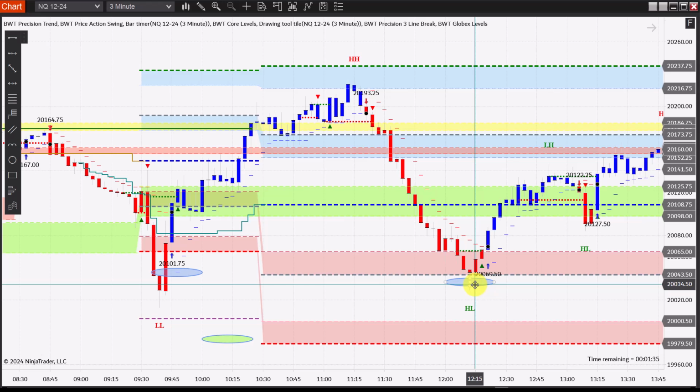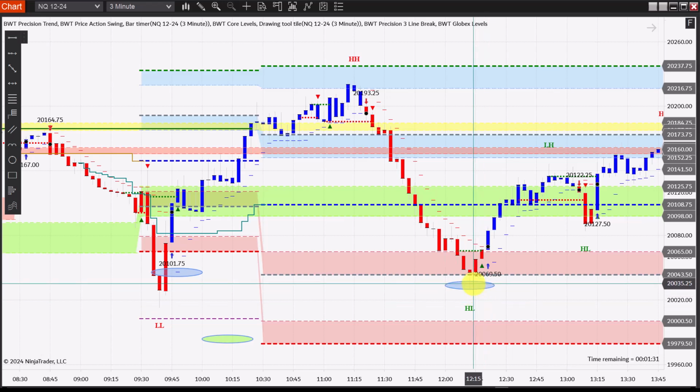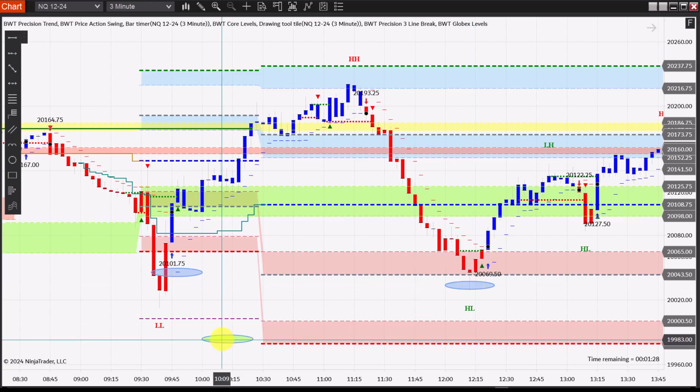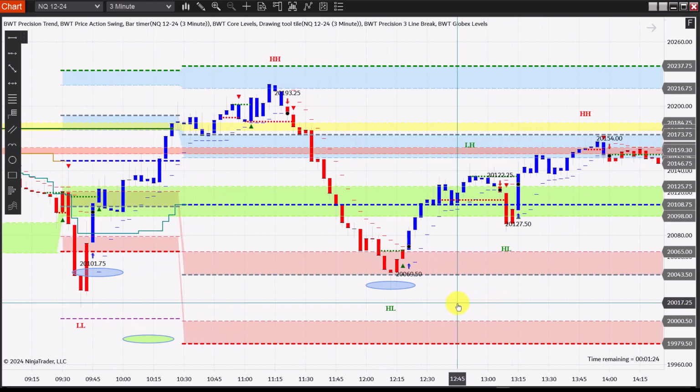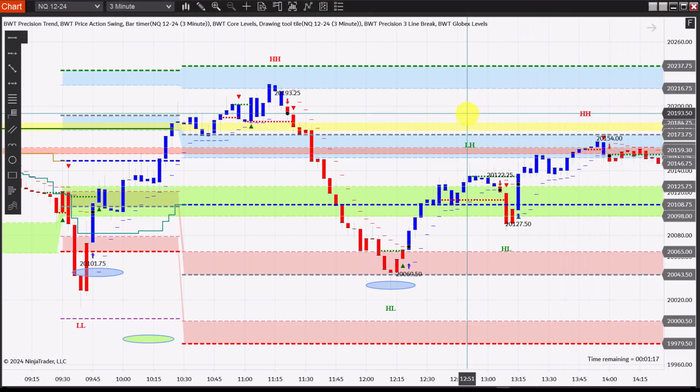This 32 level was a really important level over here around noontime. The market never made it down to what we call the rubber band. So that's the NQ. This is on November 4th, which is Monday.